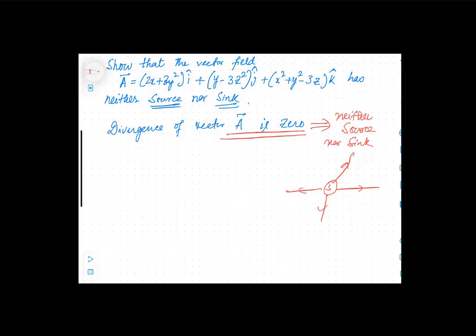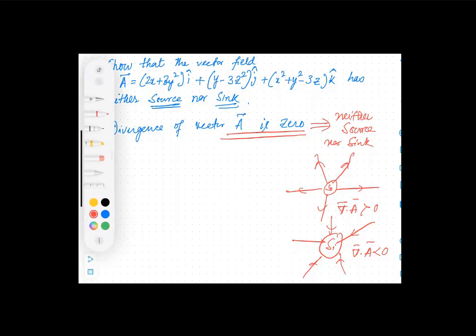So this is an example of a source. That means the divergence of this vector is positive or greater than 0. That means it is diverging. But when I talk about sink, that means the vector field will converge to a point, which means divergence of a vector A is less than 0 or negative.